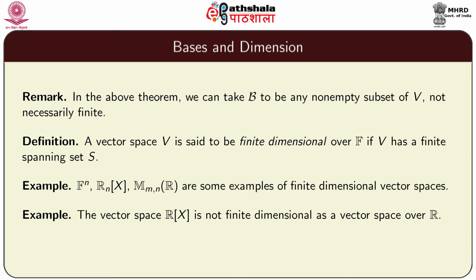Now, we define finite dimensionality of a vector space. A vector space V is said to be finite dimensional over a field F if V has a finite spanning set.